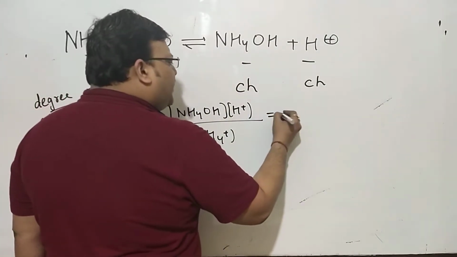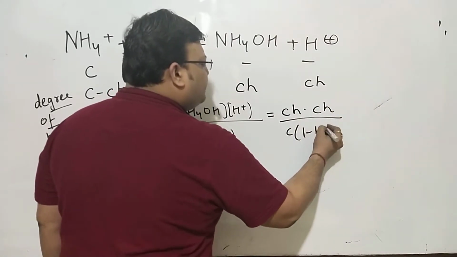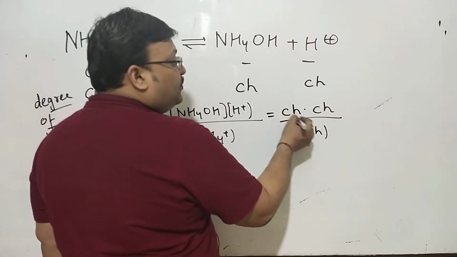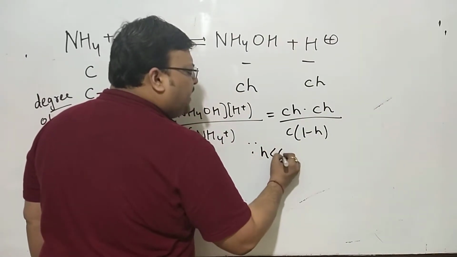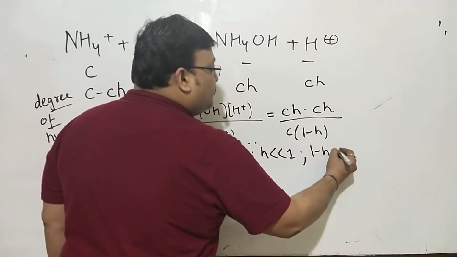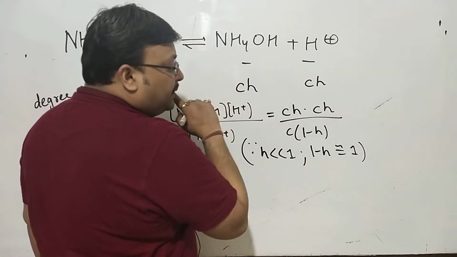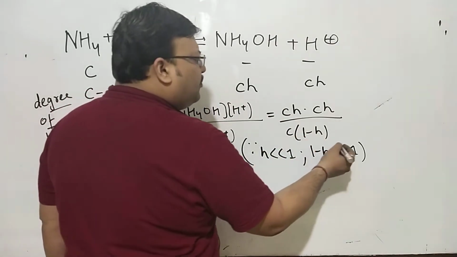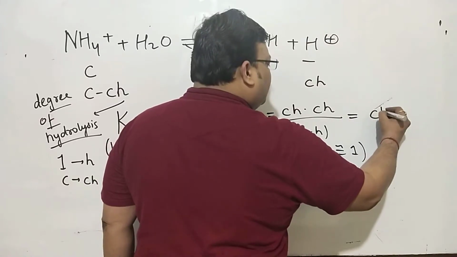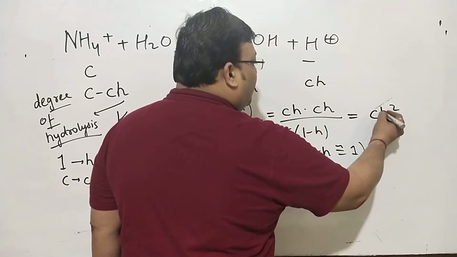Naturally, this could be written as Ch into Ch upon C into 1 minus h. C will get cancelled. Because h is very, very small compared to unity, you can take 1 minus h almost equal to 1, like we did in Ostwald's dilution law.